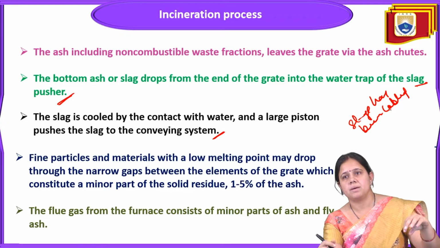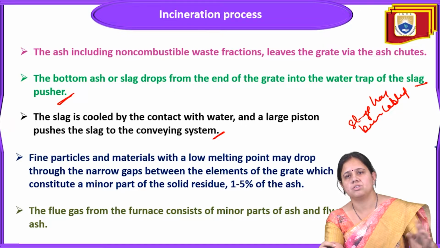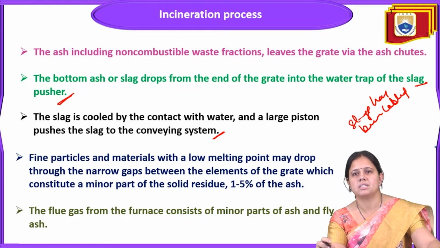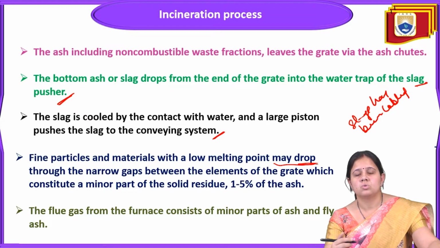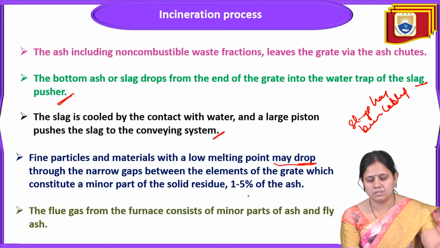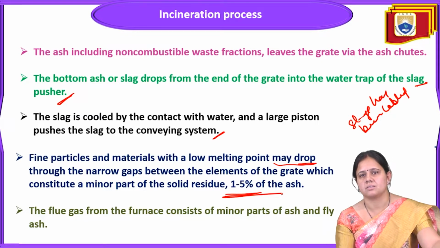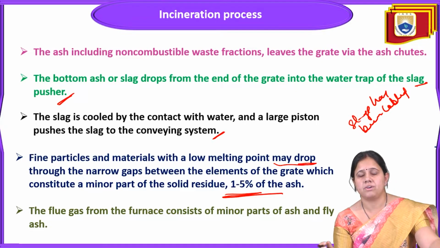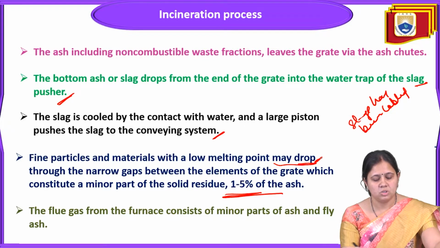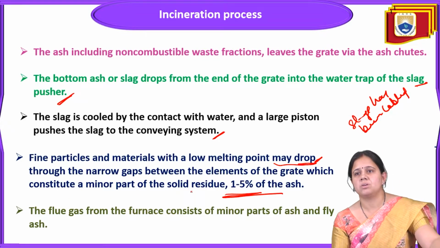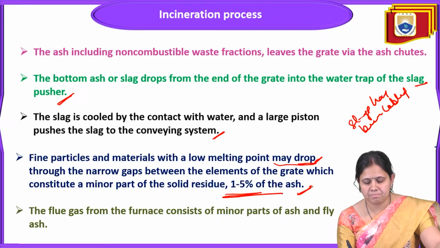Then the large piston pushes the slag to the conveyance system. Fine particles and materials with a very low melting point may drop through the narrow gaps between the elements of the grate, which constitutes a minor part of the solid residue, that is 1 to 5% of the ash.